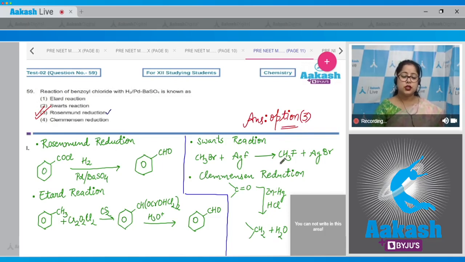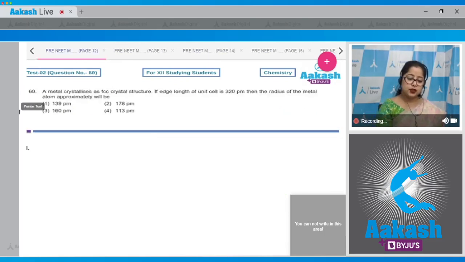Moving to the next question, students, which is question number 60. Let's read the question. A metal crystallizes as FCC crystal structure. If edge length of unit cell is 320 picometer, then the radius of the metal atom approximately will be. Student, first of all, we need to know the relation between the edge length of the unit cell and the radius of atom for FCC crystal lattice. Here I'm writing for FCC crystal lattice.